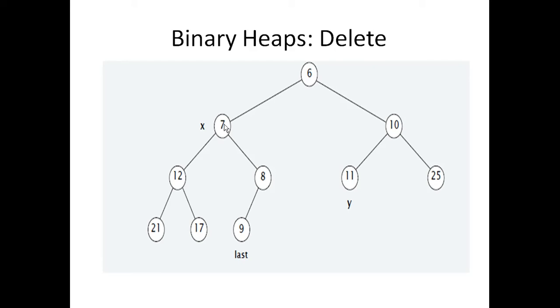So you compare 9 and two of its children, that is 12 and 8. Now you can see here 8 is smaller, so 8 will be swapped with 9. So 8 comes here and 9 comes here, and then it is a min heap. So that is the delete operation. Whichever node we have to delete, we first swap it with the last element and again restore the heap property.